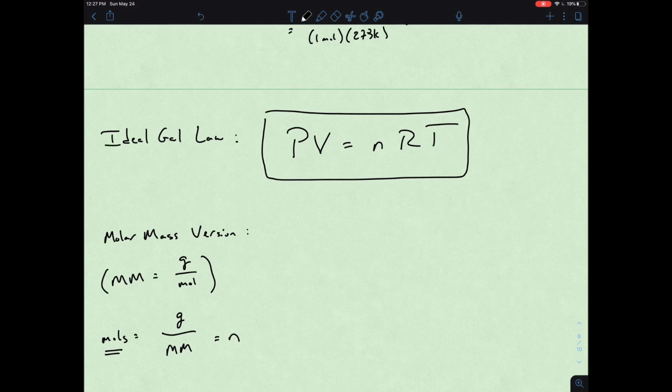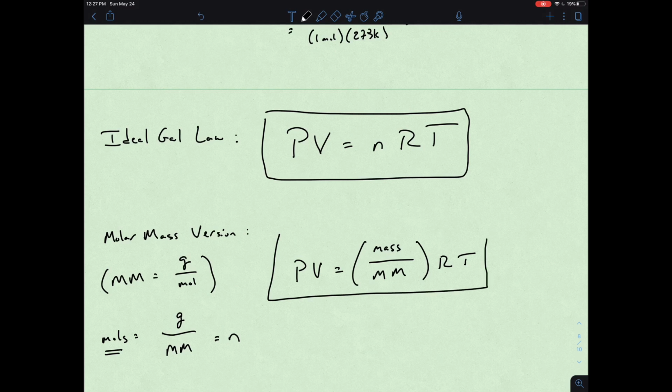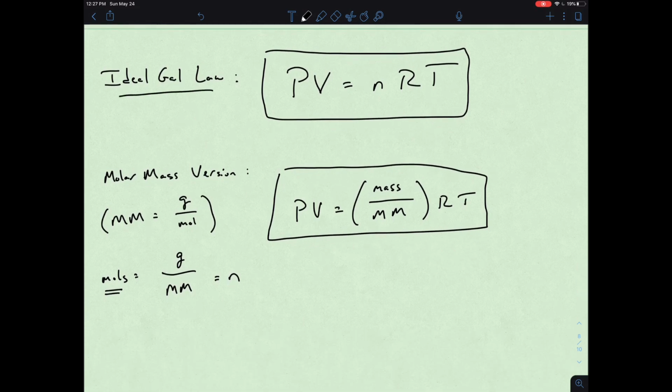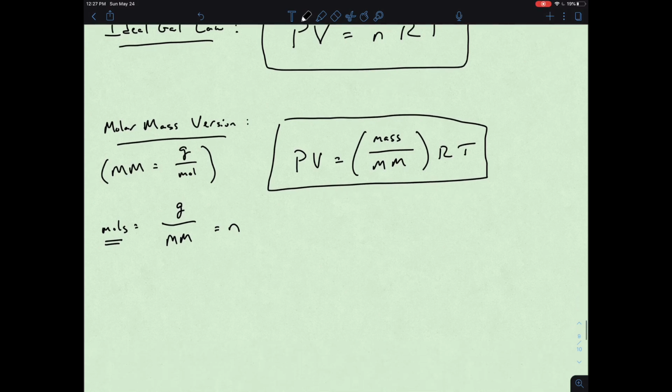So another version of this would be the molar mass version, where we have PV is equal to mass over molar mass times R times T. This second equation is just maybe a shortcut, if you will. It's not like we can't use the ideal gas law still, and then maybe as a second step incorporate molar mass in a conversion style. So they're really the same thing. There's also a density version.